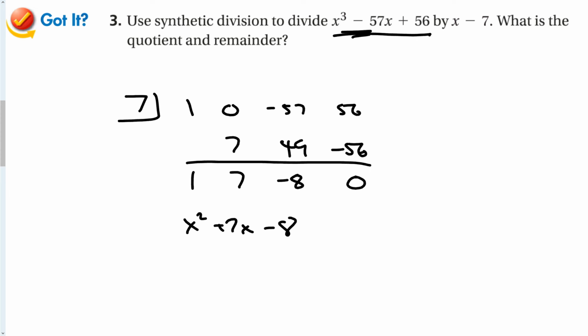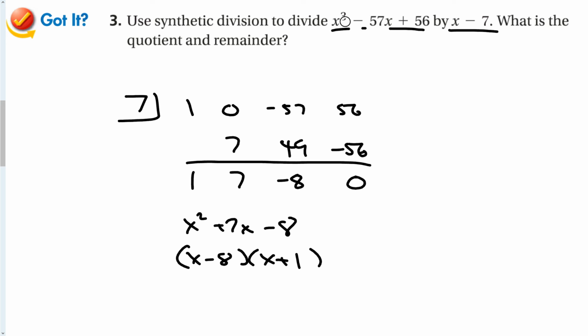Here's where this gets really useful. We just had this expression, x to the third minus 57x plus 56. It had no common factors. I couldn't factor it with grouping. There was no way I could go about factoring this expression. Now, however, now that I've divided this piece out using synthetic division, I could have done long division if I wanted to, but I divided it out, and this is what's left over, which I can now factor using my regular quadratic techniques.